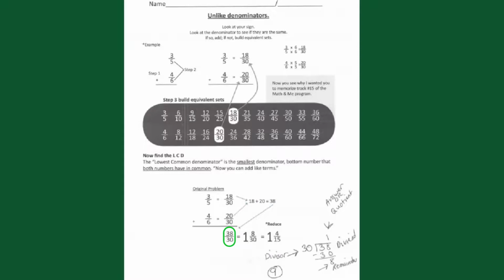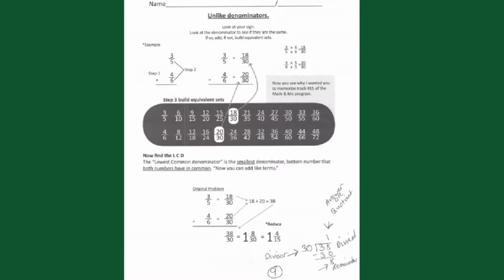Now 38 over 30 is called an improper fraction. An improper fraction means the numerator is greater than the denominator. In this case, 38 is the numerator and the denominator is 30. With this improper fraction, we simply divide. We divide our denominator into the numerator.